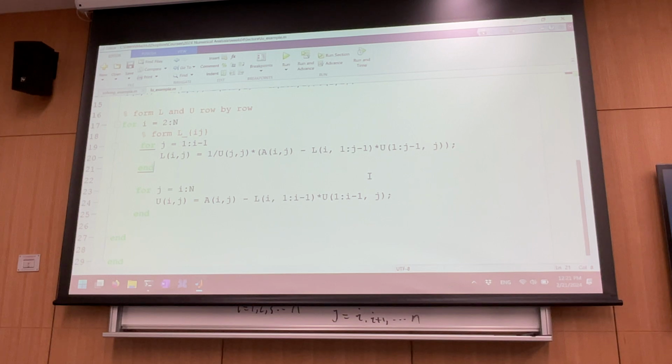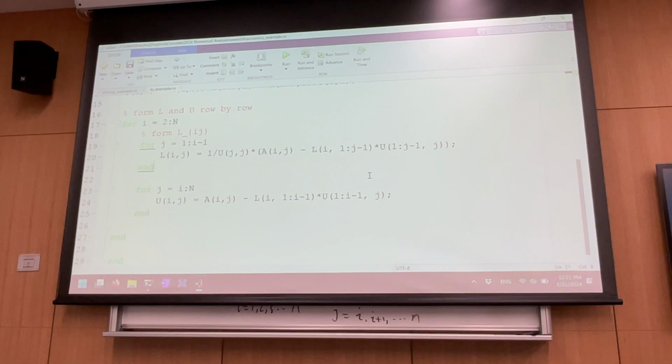If you want to sum AK times BK over K, you can write this as an A vector inner product with a B vector, such that the A vector has all the elements of AK and the B vector has all the elements of BK. If they are both column vectors, n by 1, then you can take this as A vector transpose times B vector.